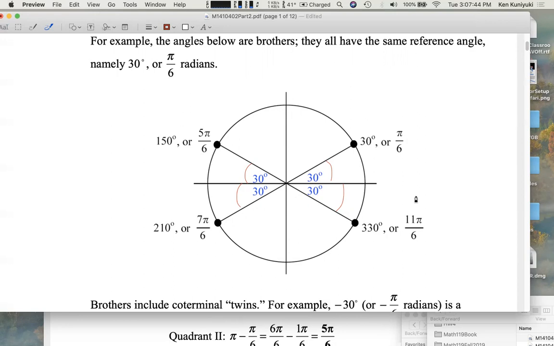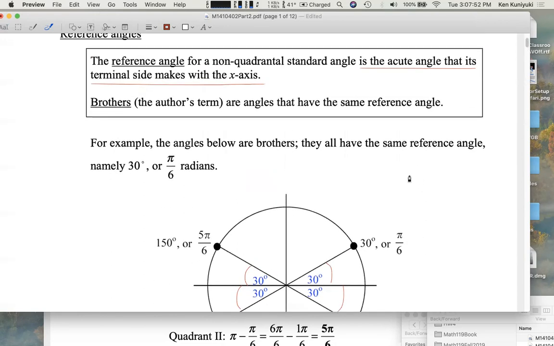It makes sense, but it's not quite standard. And frankly, I think the term brothers is more evocative. Again, brothers, my term. You can call them sisters or siblings, or if you're a mathematician, coreference angles. These are angles that have the same reference angle.